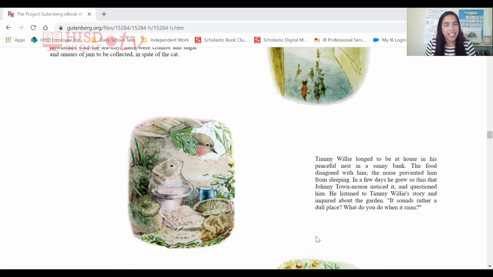What do you think is going to happen? Yes, boys and girls, we can infer. We can use our inferences to think maybe Timmy Willy will go back and maybe Johnny Mouse might help him out. I wonder if that's going to be the case. I'm going to keep reading to find that out.